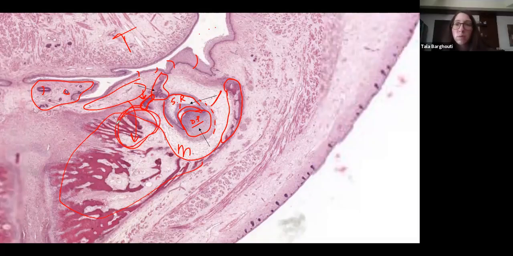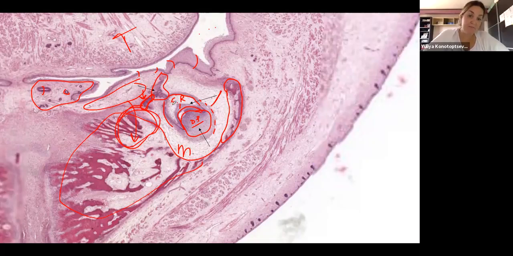Permanent incisor. So from the dental lamina, the milk tooth, primary, deciduous tooth arises. From the vestibular lamina, permanent, and they should always be next to each other. Unfortunately, on this picture, it looks very weird because it looks like vestibular is coming from the dental. But actually, dental lamina is this.